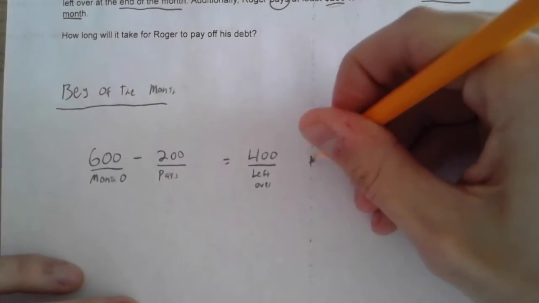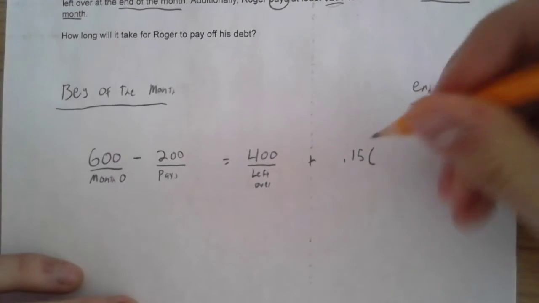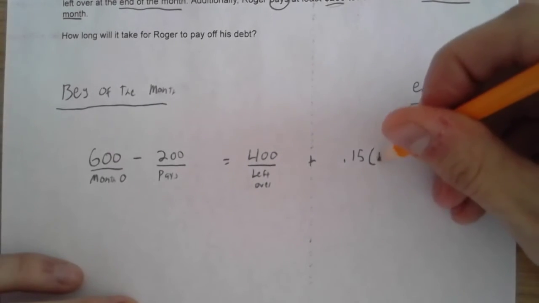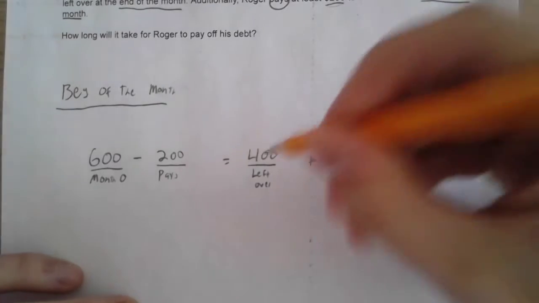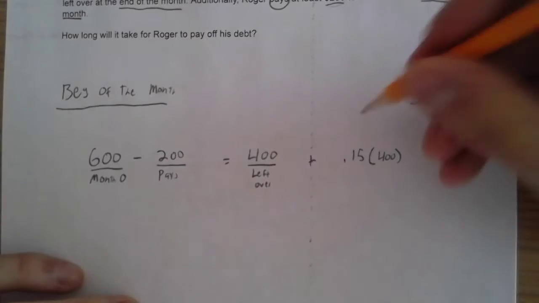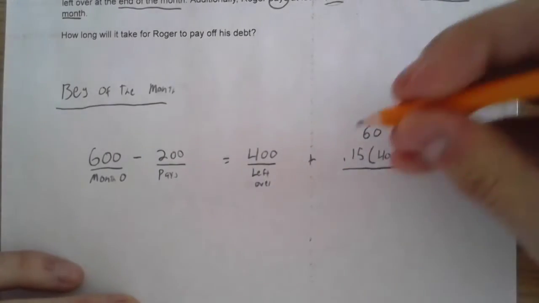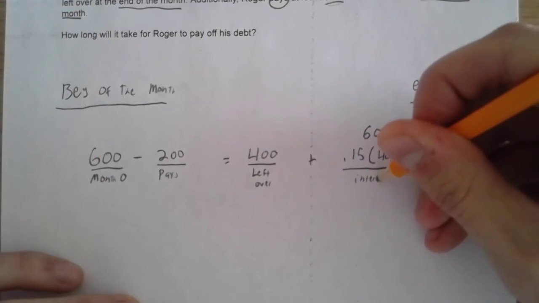And now we are adding 15%, or 0.15, of our $400, our credit balance that is left over. As most of you can probably recognize, 15% of 400 is going to be 60. And this is our interest.